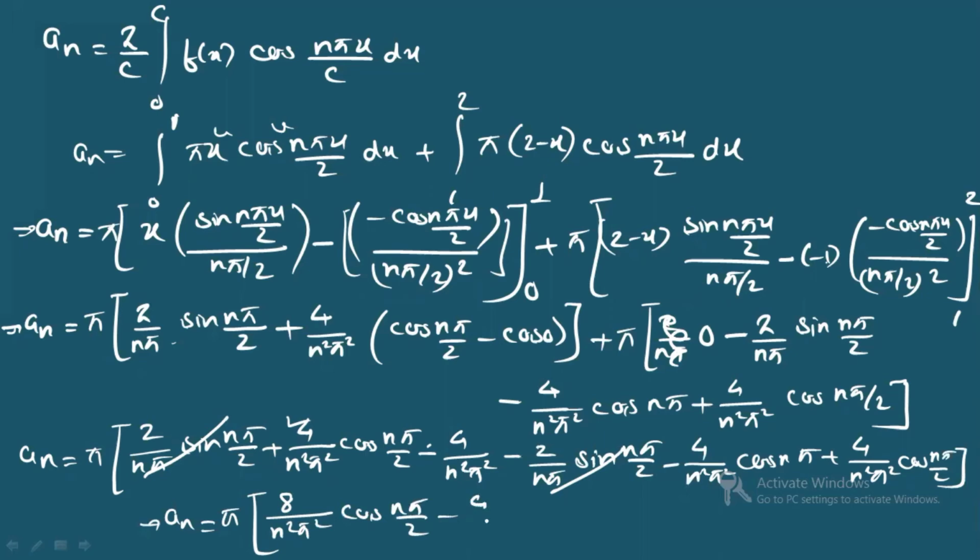Okay, this is minus 4 by n square pi square. This is minus 4 by n square pi square cos n pi. So from this entire term, we will take what? 4 by n square pi square common. Okay. So a n is equals to 1 pi was outside, right? Again, you are taking common 4 by pi square n square.